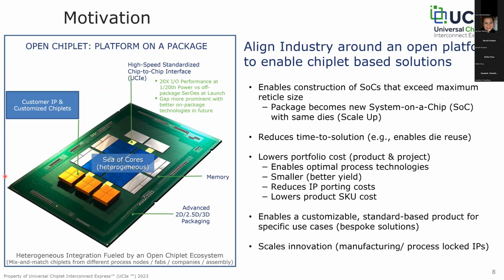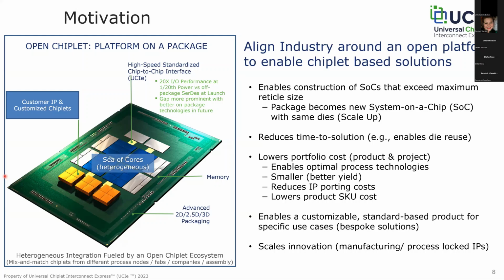Well, usually compute elements, things like cores or accelerators, you want them to be on the latest and greatest process node generation to get that die size reduction and best performance per watt. And yet you may want to reuse an older generation I/O, or some other type of functionality that isn't as important in terms of compute efficiency.